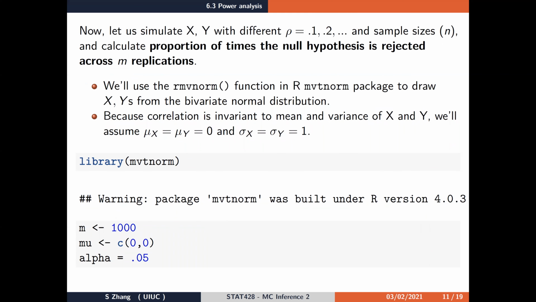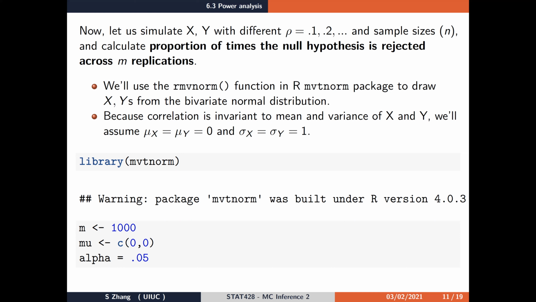Now, we can simulate x and y with different rho values ranging from 0 to 1 and with different sample sizes. And then we can calculate the proportion of times the null hypothesis is rejected across the M replications.